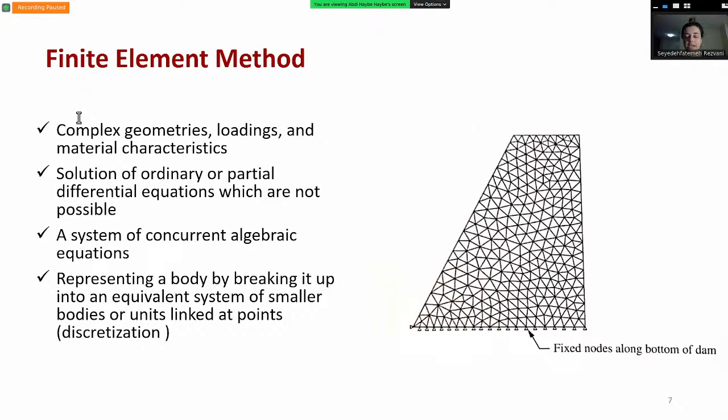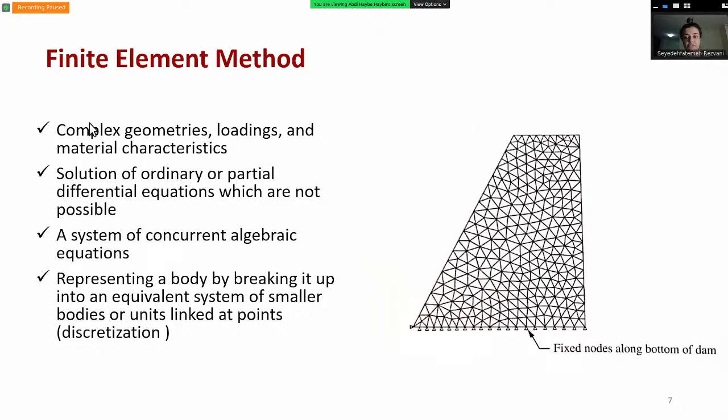Instead of needing the solution of differential equations, the problem's finite element formulation yields a system of simultaneous algebraic equations. These numerical methods produce approximations of the unknown values at discrete locations along the continuum.